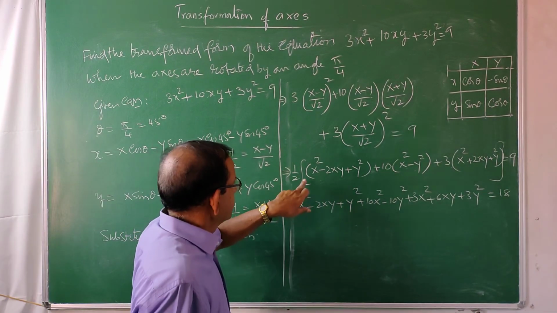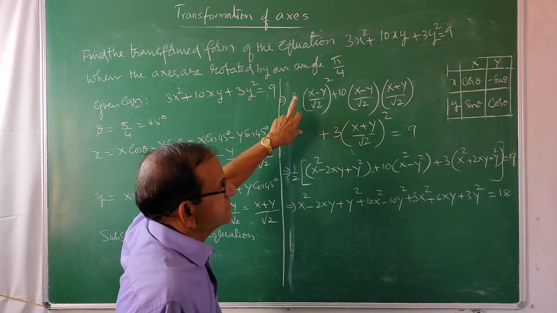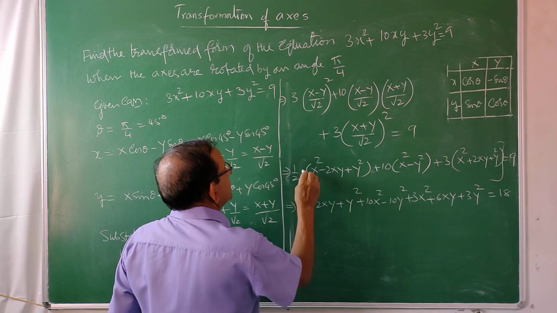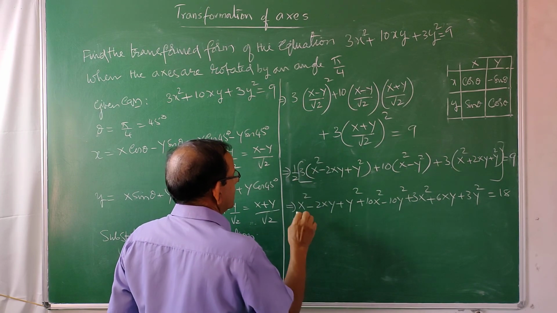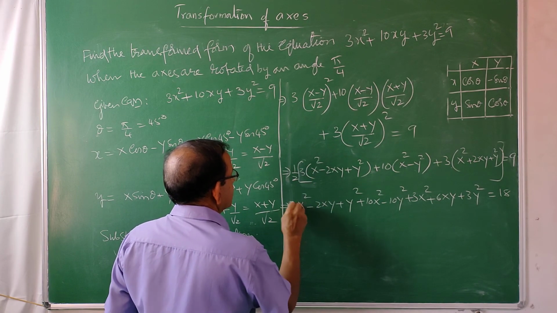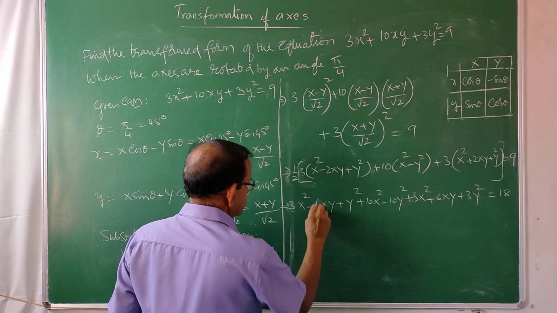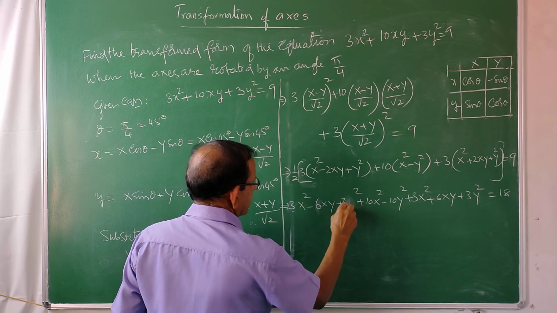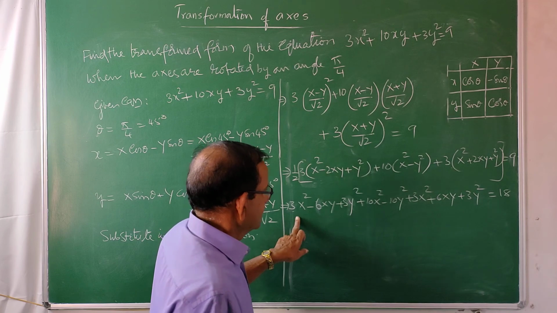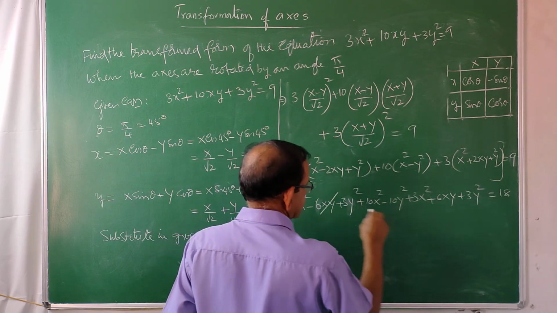Sorry, here a mistake happened. This 3, we forgot this 3 here. So we have to include 3 here, so that you will get 3X² − 6XY + 3Y², so that you can cancel 6XY and 6XY.